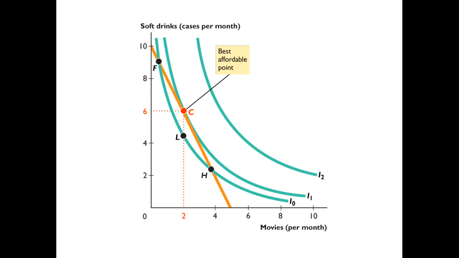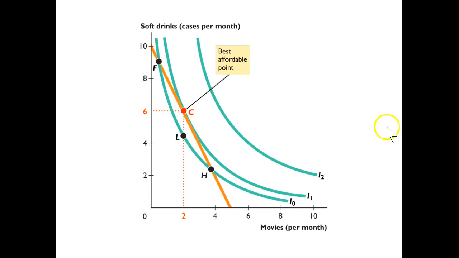We can see at points F and H that our consumer would be utilizing their entire budget. That is, they would be spending all of their money, given the prices of movie tickets and soft drinks. So they'd be on the budget line, but they're not on the highest indifference curve they could possibly get to.